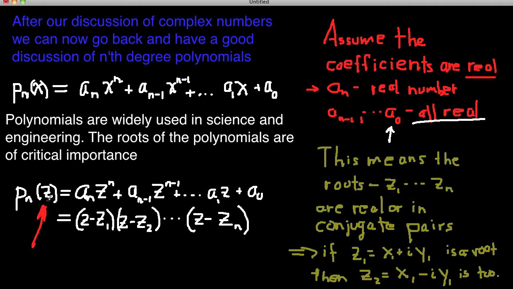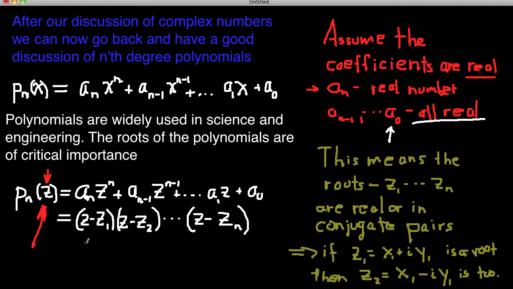The reason I'm doing this is because often the roots of the polynomial are complex valued, so we're interested in the values and the properties of the polynomial as a function of the complex valued variable z. So I'm going to replace all my x's up here by z's. So I have z to the n, z to the n minus 1, and so on.